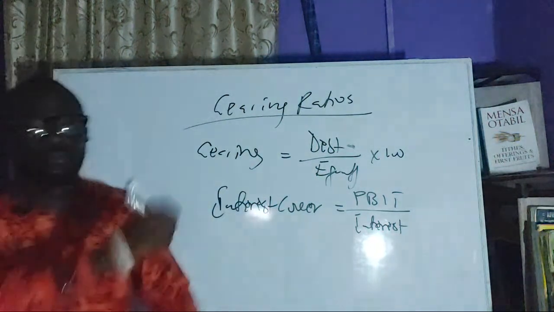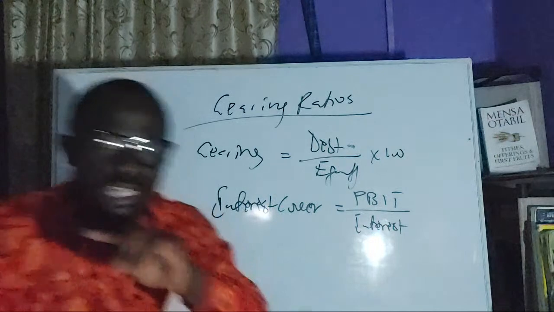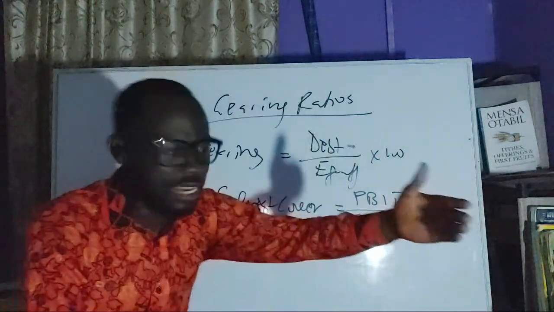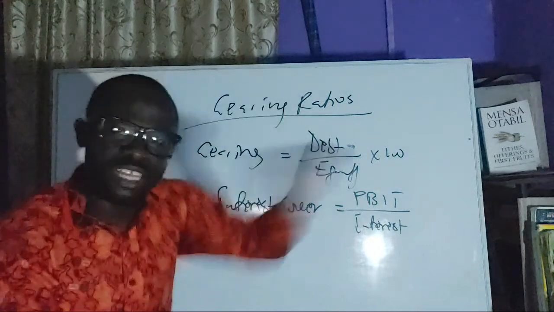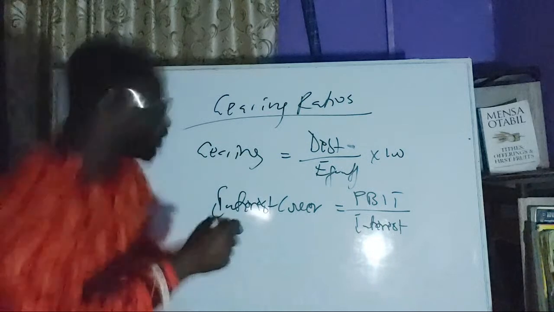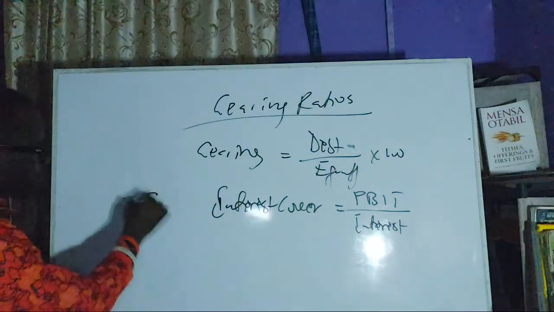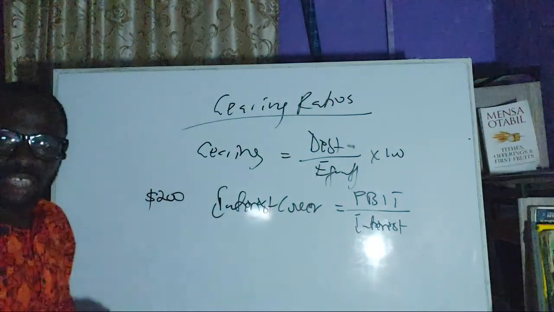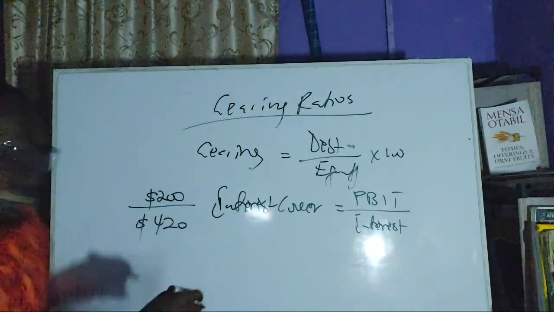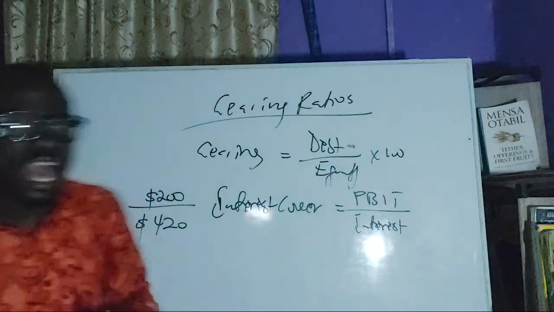This simply means how much profit are we making before interest and tax as compared to the interest that we are supposed to pay. So for instance, if we are making a profit of say $200 and we have to pay an interest of say $420, that means we are highly geared.